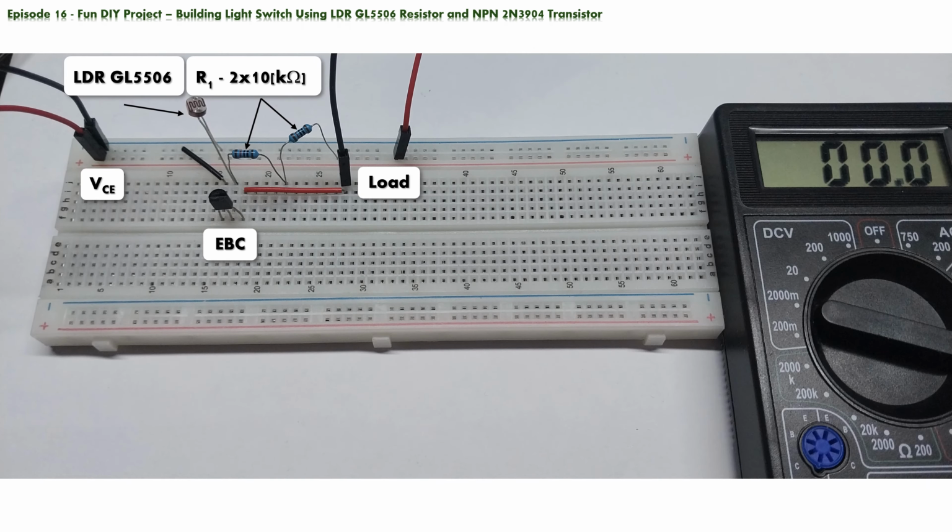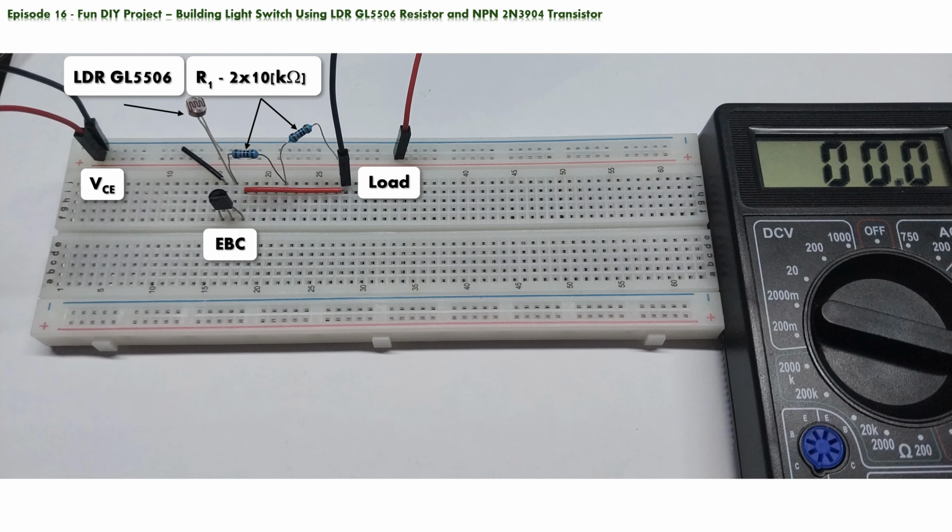Let's assemble this schematic on the breadboard, using an LDR, an NPN transistor, and some DuPont wires. For the load, we will use a multimeter, so that we could monitor the collector current when the LDR is lit, and when it is in the dark. So, our circuit looks something like this. In the top left corner, we have a power source of 3 volts, red and black wires.